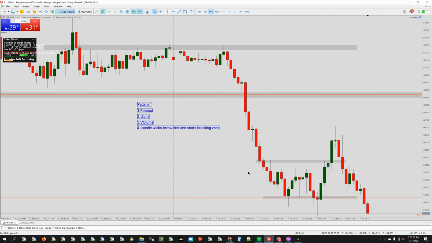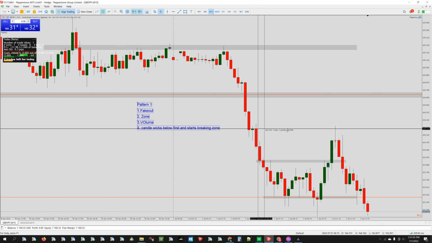So let's start. It was basically pattern one that appeared in GBP/JPY during our live stream, and I executed on that pattern. It was a counter trend trade, and I was expecting that if we break above this wick at 163.940, there is high probability for prices to at least touch this area.